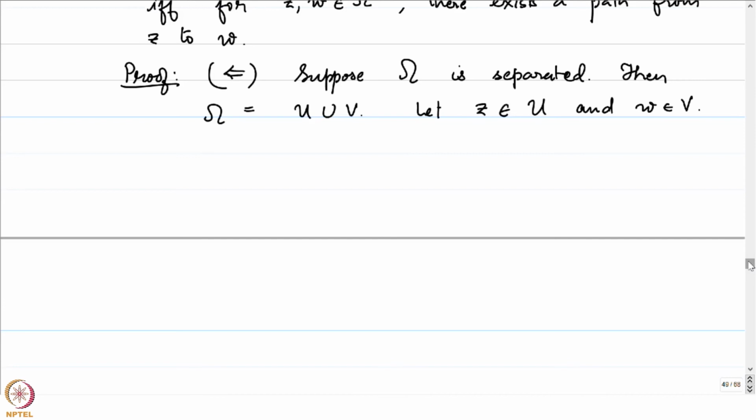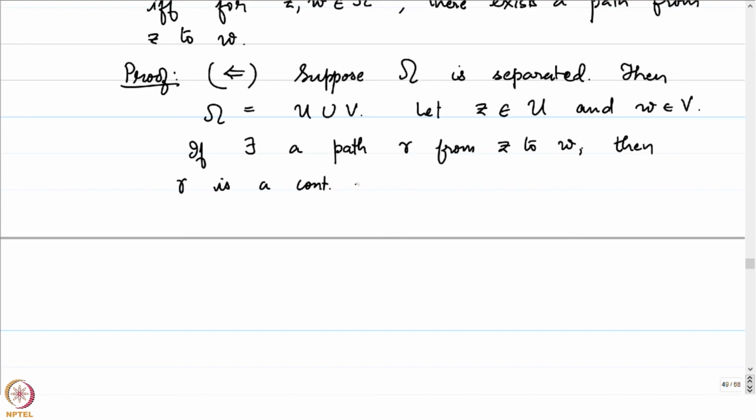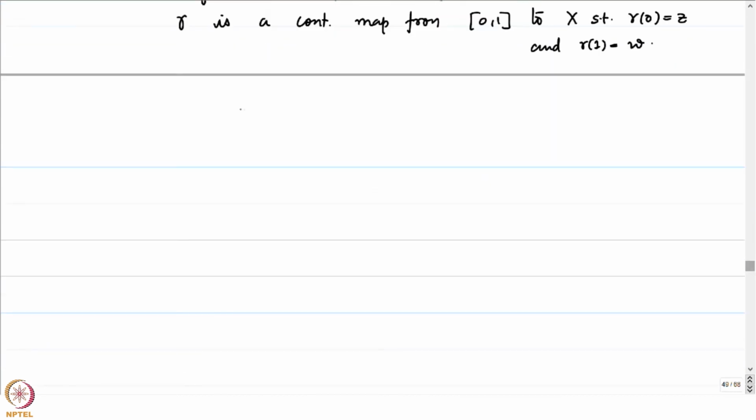We will show that there does not exist a path from Z to W. And that's the contradiction we will be showing. If there exists a path gamma from Z to W, then gamma is a continuous map from 0, 1 to X, such that gamma of 0 is Z and gamma of 1 is equal to W. Then I'll just write the following and leave it at that.